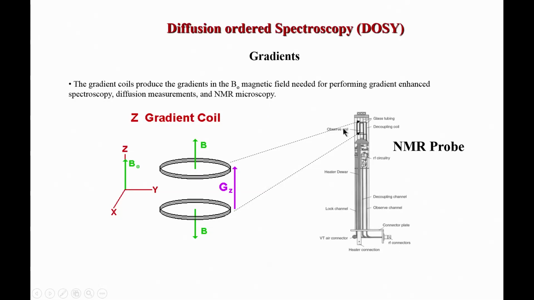There is this RF coil, you can see the observe coil and decoupling coil. Above and below this RF coil you will see these circular coils called gradients. What happens in a gradient is that a current is supplied in this coil. So, a current flows in a direction like this in the coil.